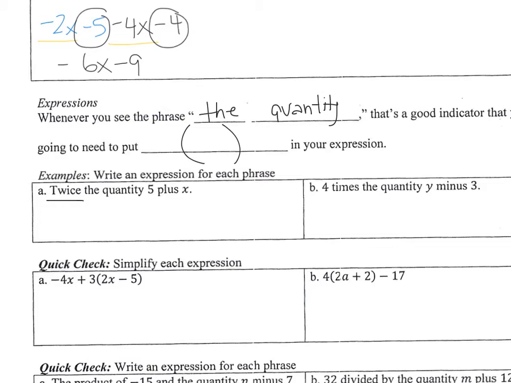So twice means to multiply something by 2. The quantity, that means add parentheses, 5 plus x. It's just reading that we have to write an expression for each phrase, so we're just going to leave it like this. And then 4 times the quantity, y minus 3.